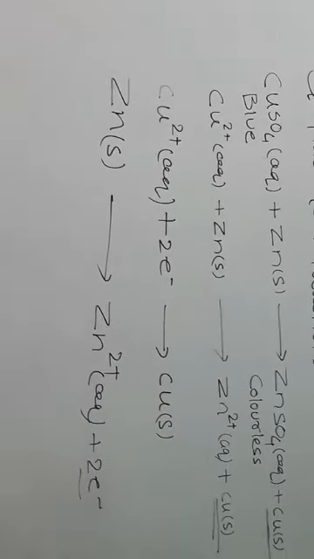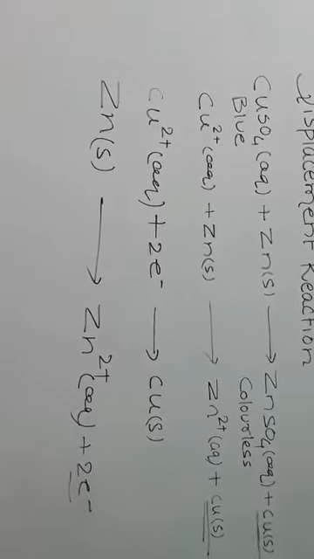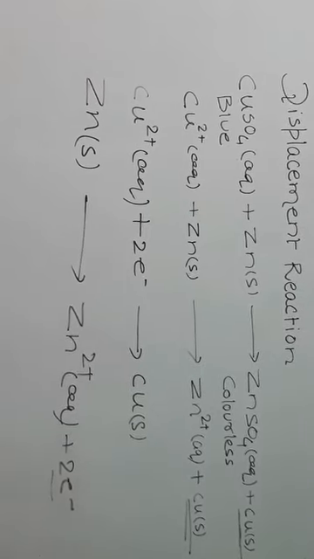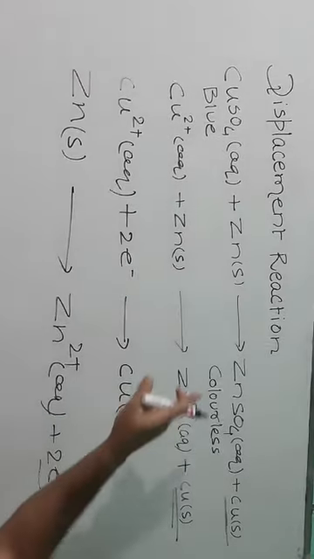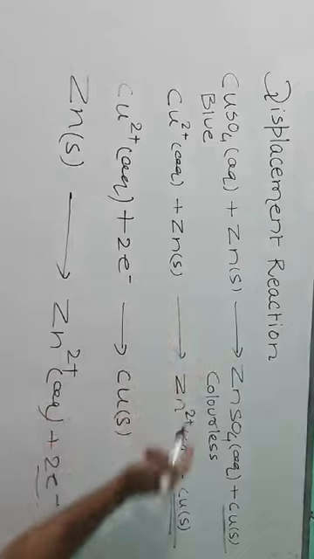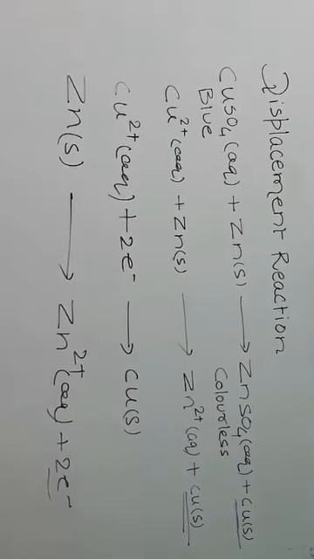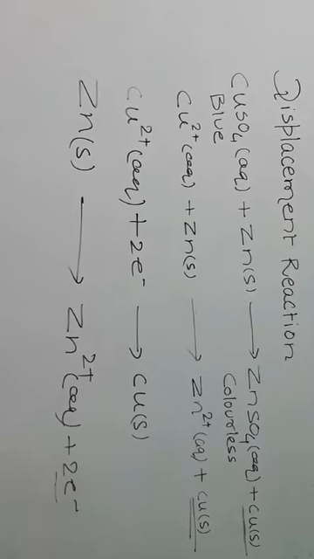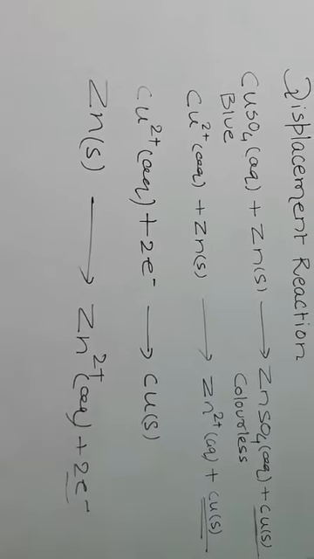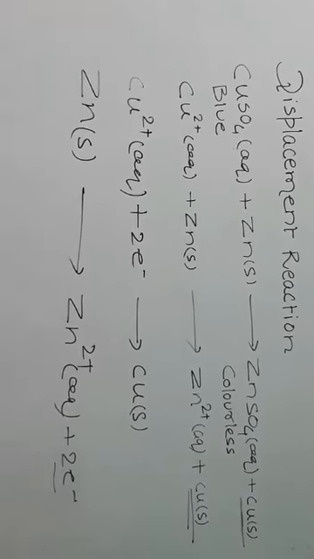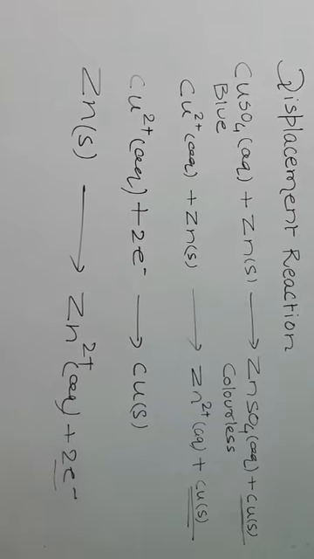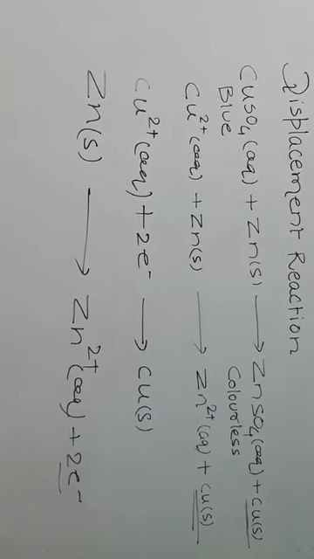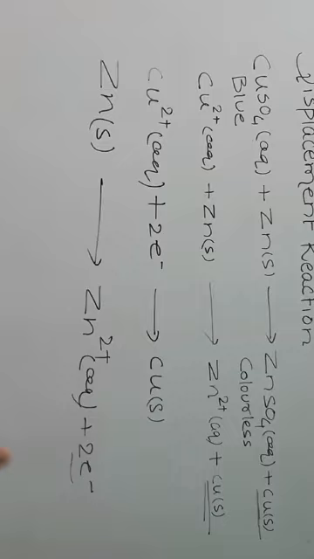With the change of color, one can understand that yes, the reaction is taking place. Not only the change of color, but also the appearance of the brownish substance, which is the deposition of copper metal. These two things make us aware that the reaction is in fact taking place.